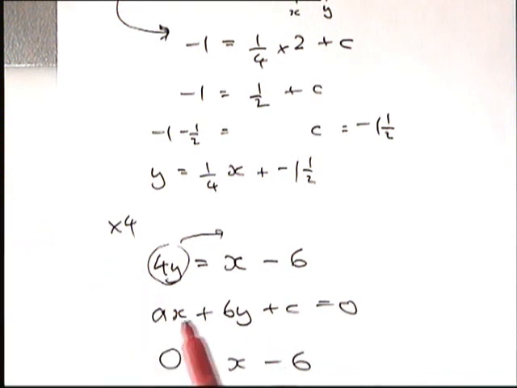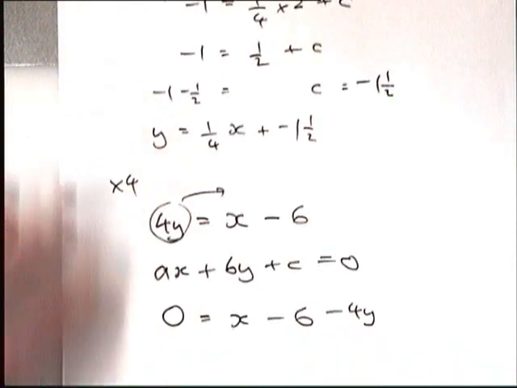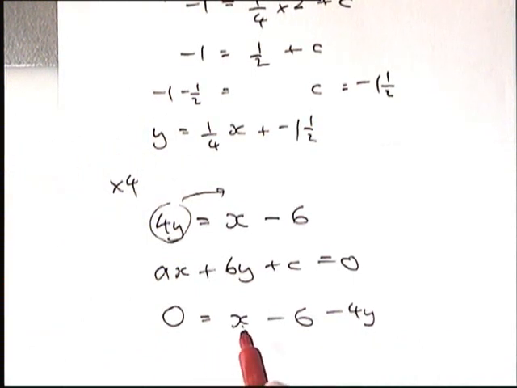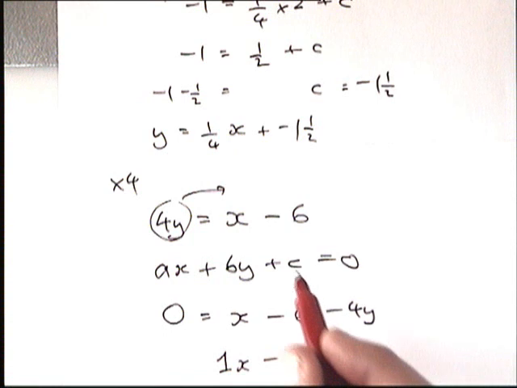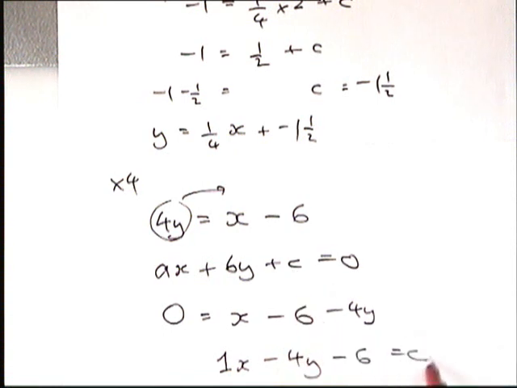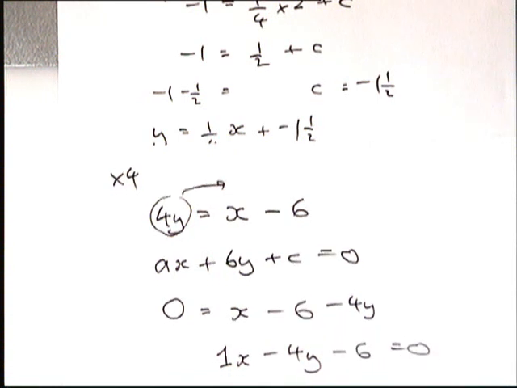And that 4y, when it goes onto the other side, its sign will change and it will become a minus 4y. So if we look at what I've got here, I've got 1x, and my by, where b is a whole number, and then I have my number on the end equals 0. So that is what I'm looking for.